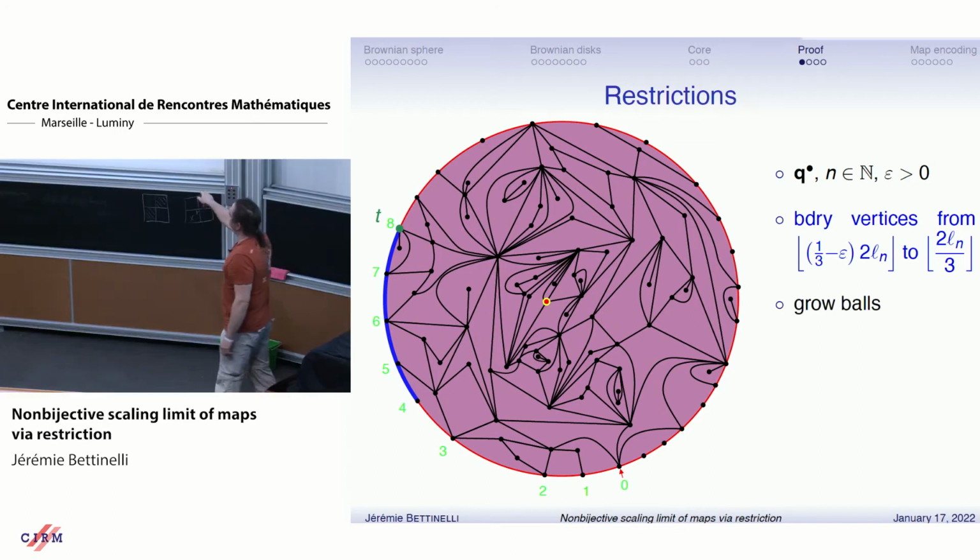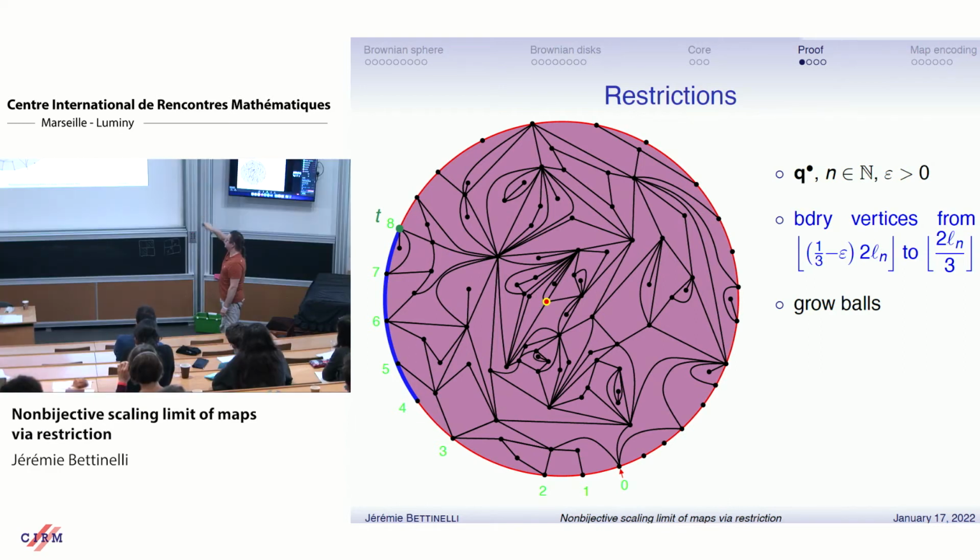And then I grow balls from this vertex here. What I mean by that is, first of all, I take all the vertices that are at distance 0 from this one, so it's only the yellow one. And then I look at all the faces that touch it, and I will call it the ball of radius 1.